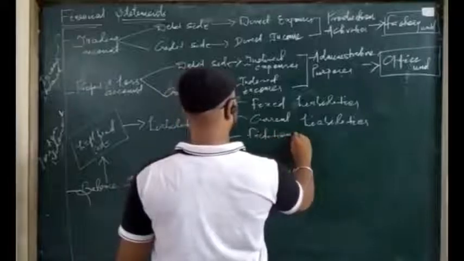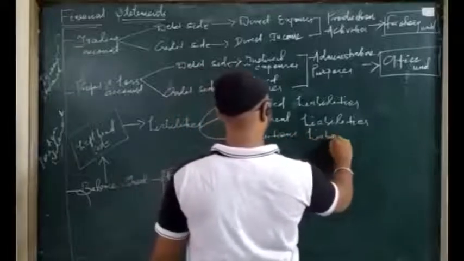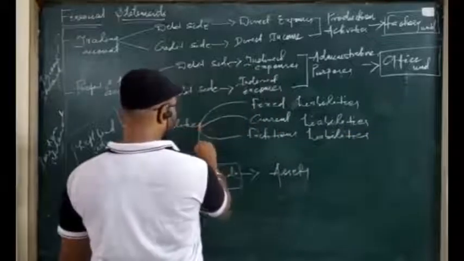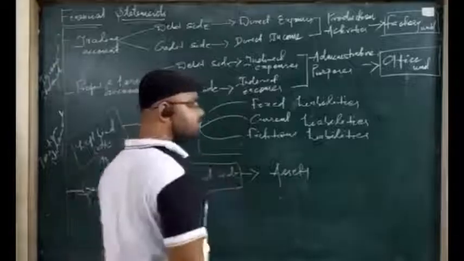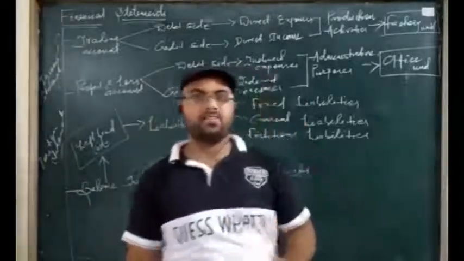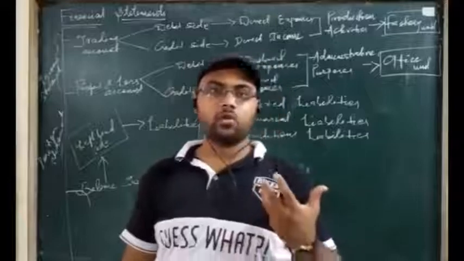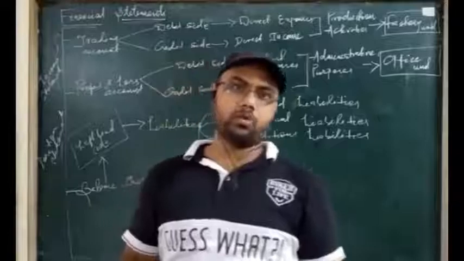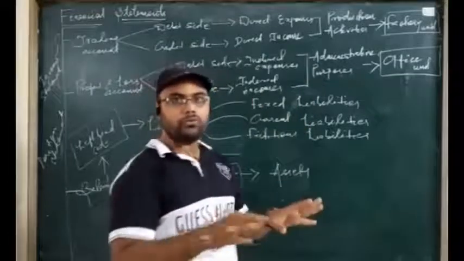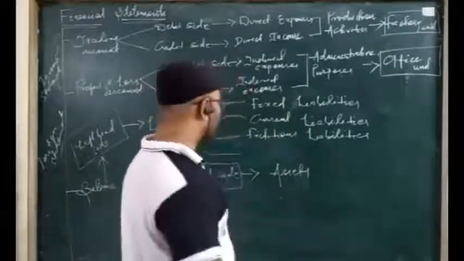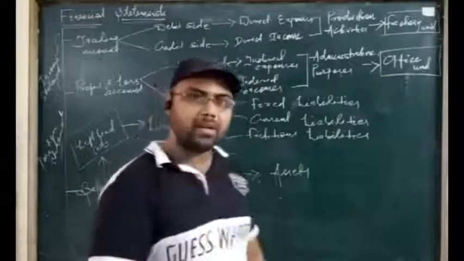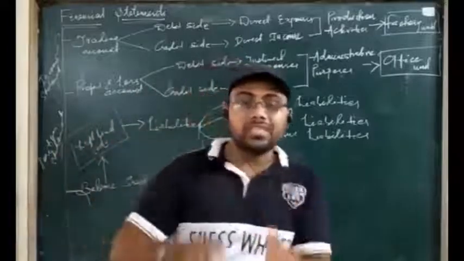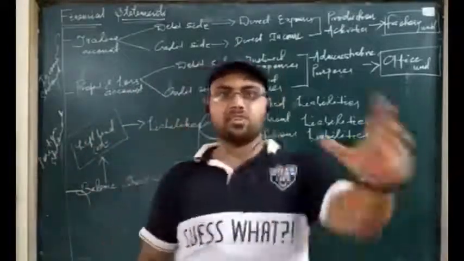Fictitious liabilities are those liabilities which do not have any physical form in the business organization. And the last liability is a categorization that does not exist in the balance sheet or is not shown in the financial statement, because it shows some uncertainties which may or may not take place. These are just shown in the footnotes below your trial balance in the form of adjustments. These types of liabilities are not posted as liabilities of the balance sheet, but are posted by way of deduction from certain types of assets, which are reduced by the existence of such liabilities.